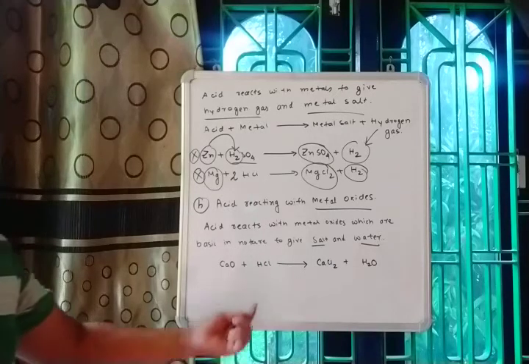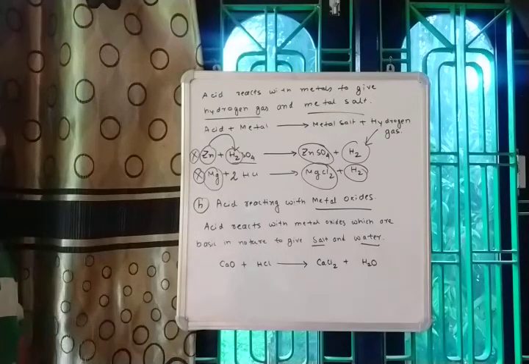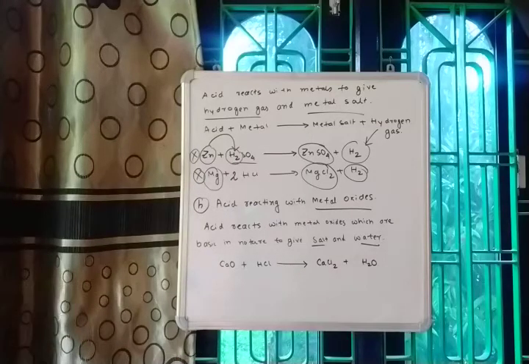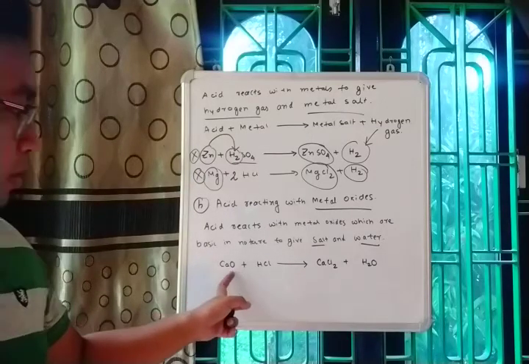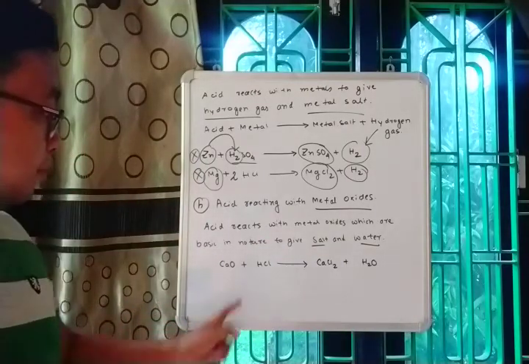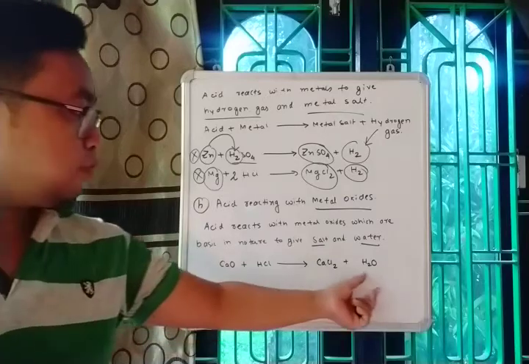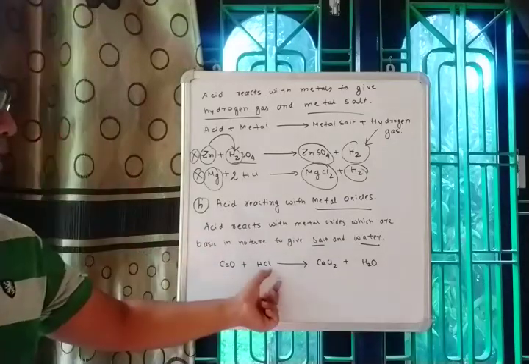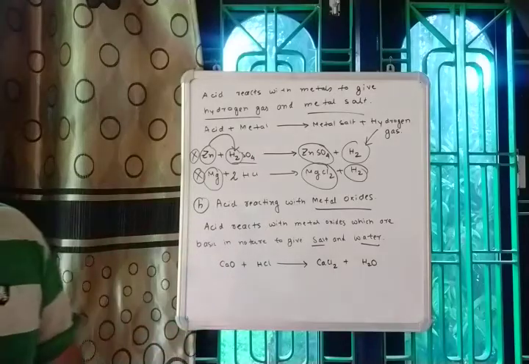Now tell me, is the reaction balanced? We have one calcium here, one calcium here, nothing to worry about. One oxygen here, one oxygen here, that is also balanced. We have one hydrogen here, but two hydrogen here, that is not balanced. One chlorine here, two chlorine here, that is not balanced.